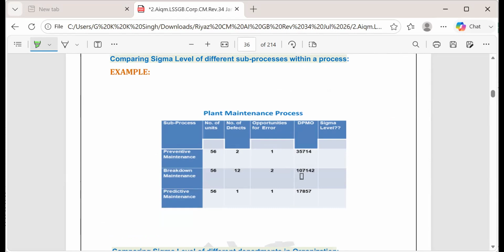You have preventive maintenance, breakdown maintenance, and predictive maintenance. So the DPMO is already calculated. You have to just calculate and tell me the sigma level, and from this analysis, what conclusion you will draw. What are the sigma levels and what is the conclusion?